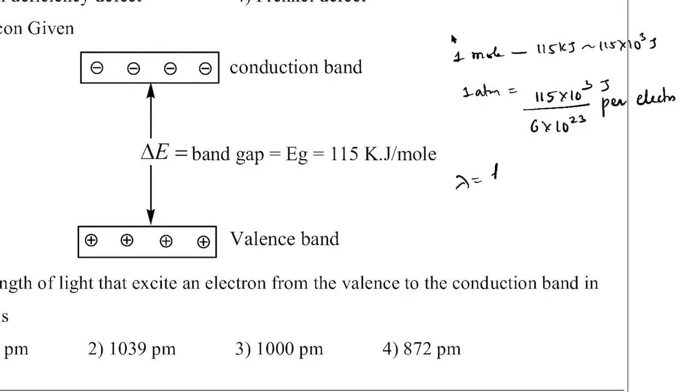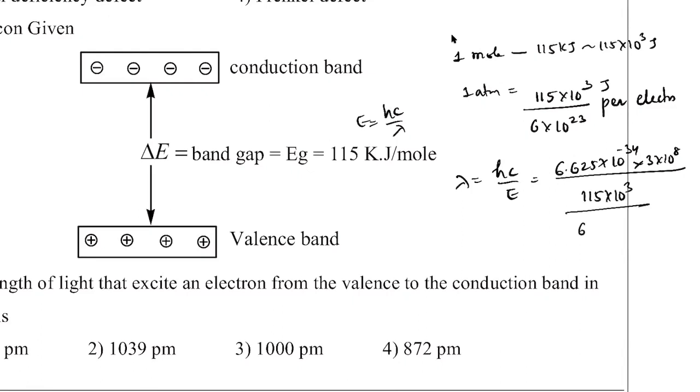We know E is equal to hc by lambda, so lambda is hc by E. H is Planck's constant, you know that value, into 3 into 10 raised to the power of 8, divided by energy, which is 115 into 10 raised to the power of 3 divided by 6 into 10 raised to the power of 23. This value comes approximately as 2 into 10 raised to the power of minus 25.